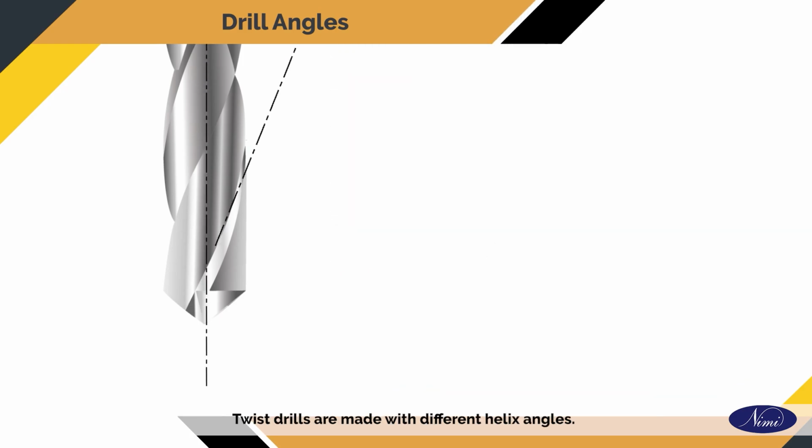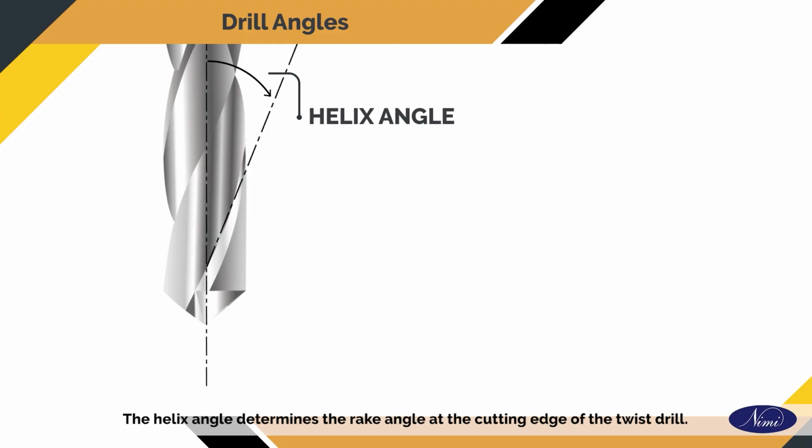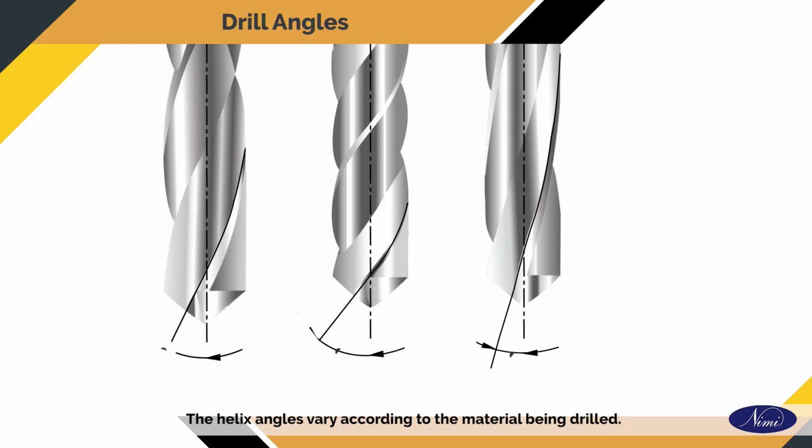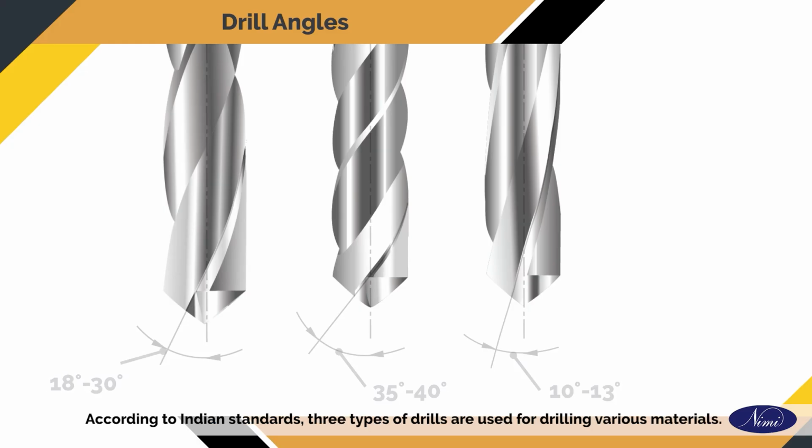Helix angle. Twist drill is made with different helix angles. The helix angle determines the rake angle at the cutting edge of the twist drill. The helix angles vary according to the material being drilled. According to Indian standards, 3 types of drills are used for drilling various materials.